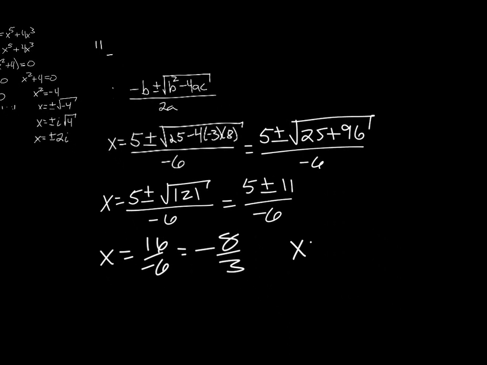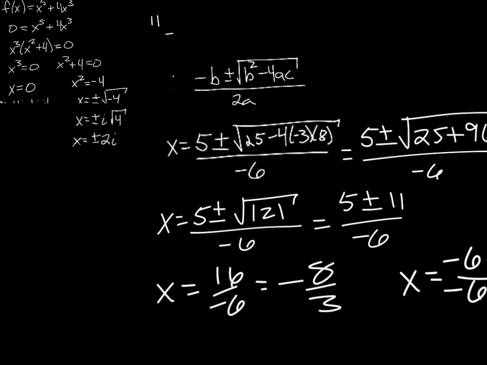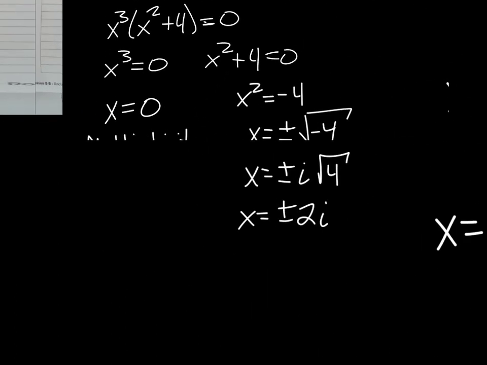And then the other one is negative 6 over negative 6. Did we get 2? What kind of solutions are those? Real. What kind of solutions were these over here? One real, 2 complex or imaginary? Yep.